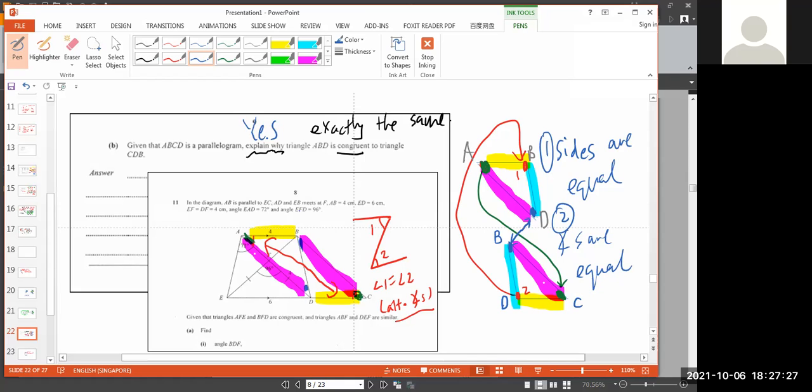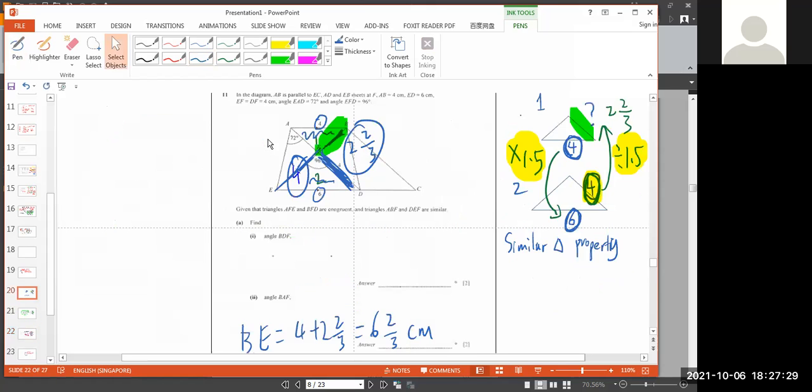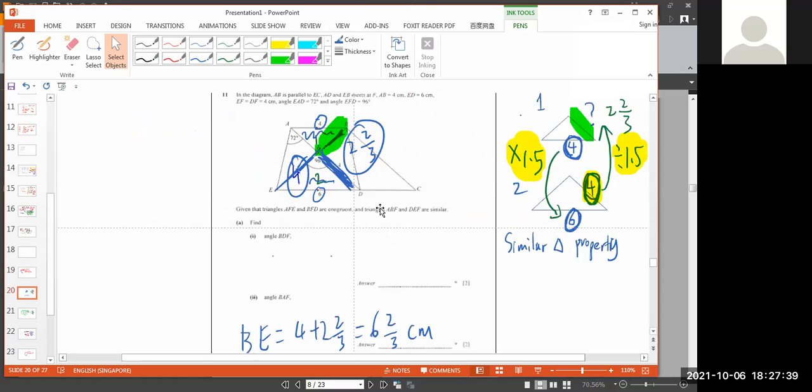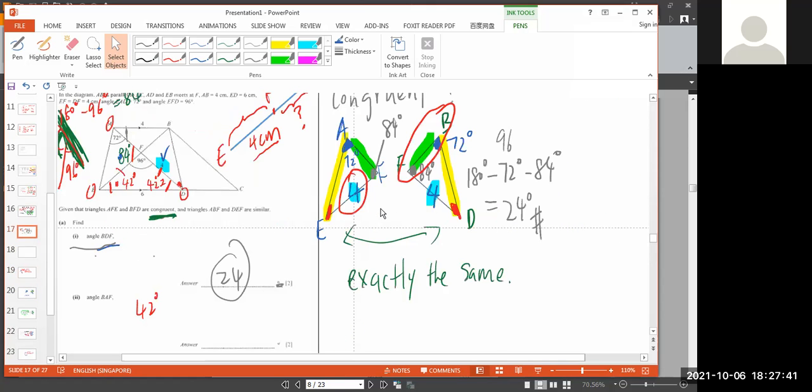So in fact, just now we have already said how to prove they are congruent. Exactly the same. What is the meaning of exactly the same? Exactly the same means the angles are all the same. Blue match with blue, red match with red, gray match with gray for angles.